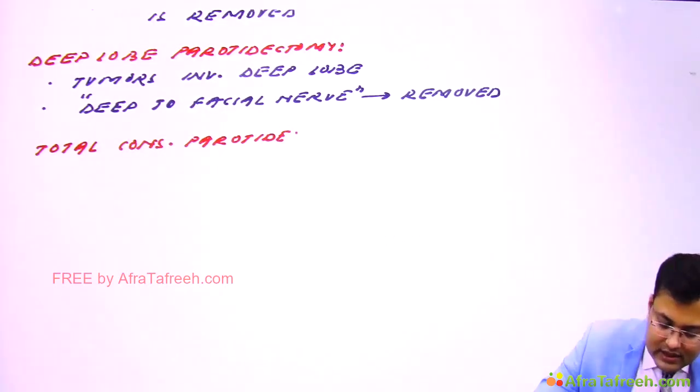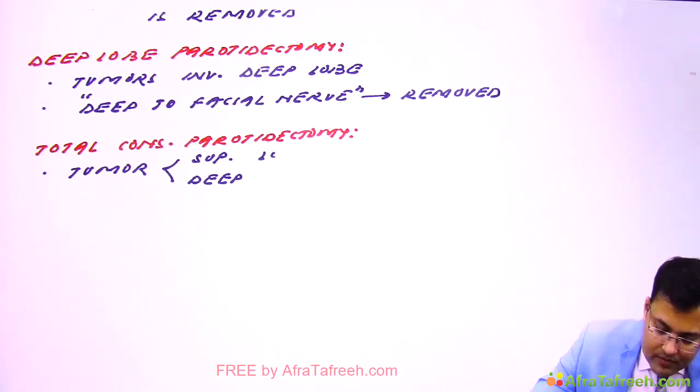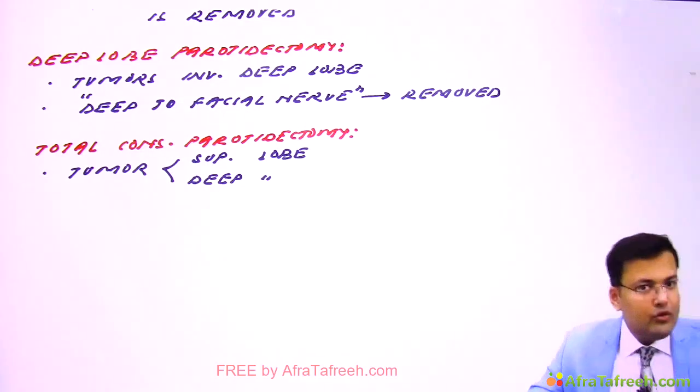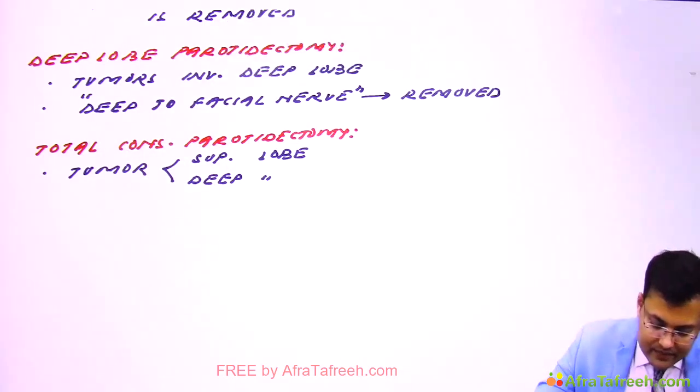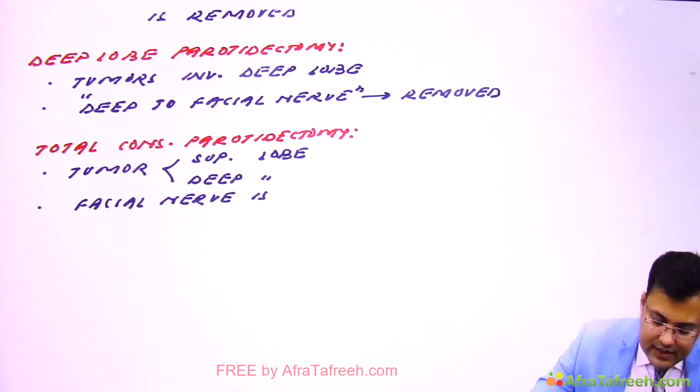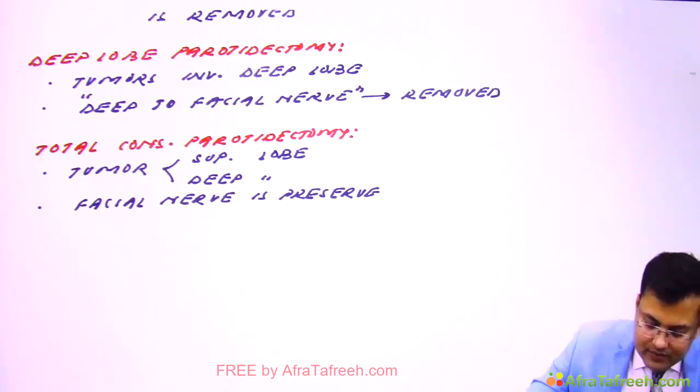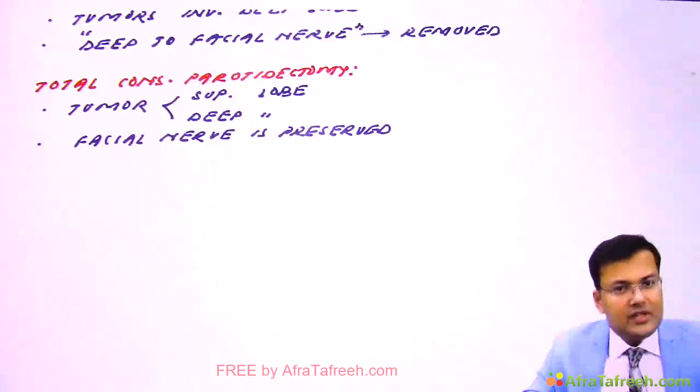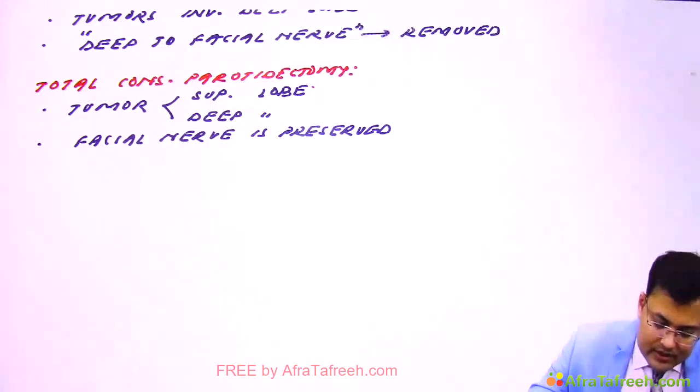Since the tumor is involving both the superficial as well as deep lobe, we are going to remove both. In this case, the facial nerve is preserved and the whole parotid is removed.